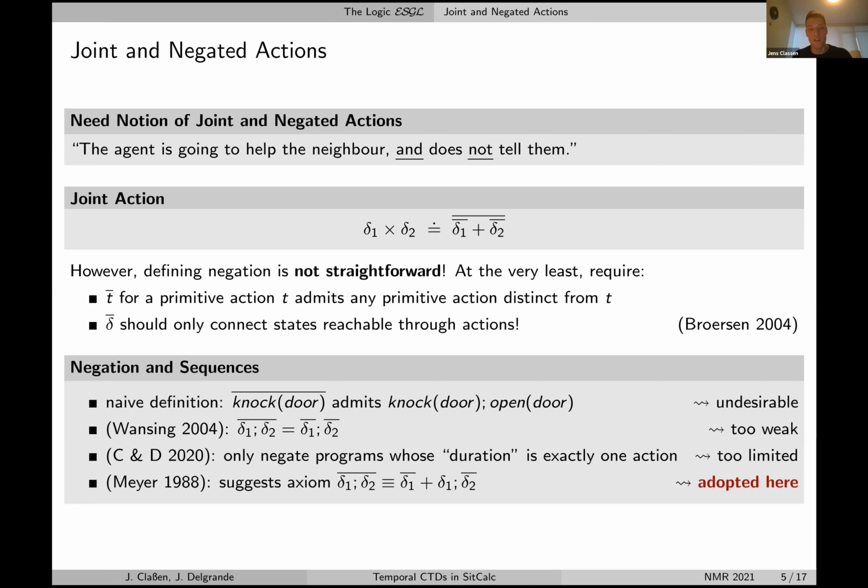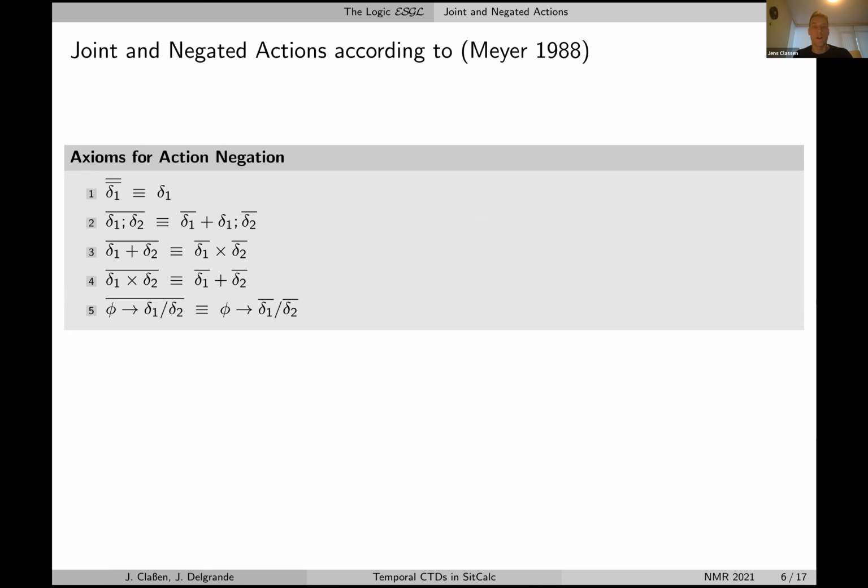Yeah, and so this is basically the view that we want to adopt here. And so more specifically, in that particular paper, he proposes 5 axioms for negating complex actions.